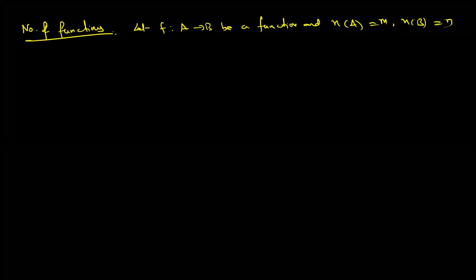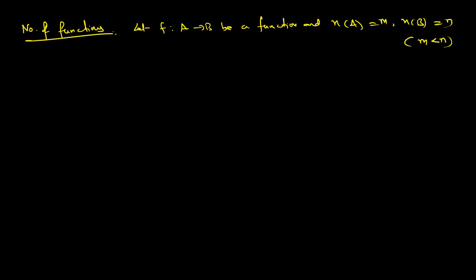That means domain A contains m elements and codomain B contains n elements. Consider m is less than n. Number of elements in A is less than number of elements in B. These are finite sets. So what are you observing?